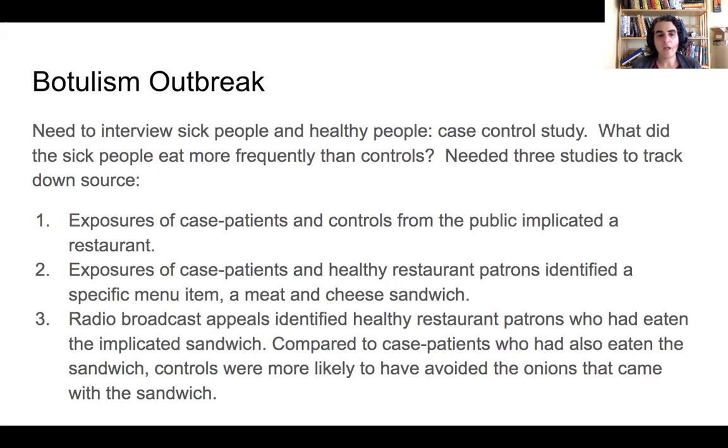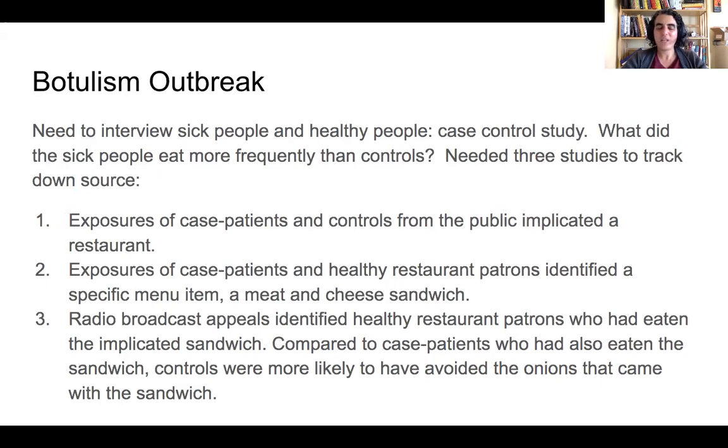Then, using credit card receipts, among other things, they were able to identify healthy patrons who'd eaten at this restaurant and the sick patients in order to figure out what menu item it was. That led them to realize that the patients had ordered a specific meat and cheese sandwich with a much higher frequency than the healthy restaurant patients.